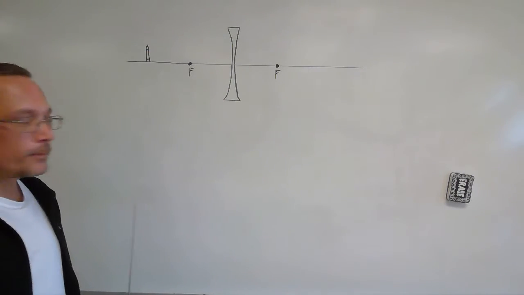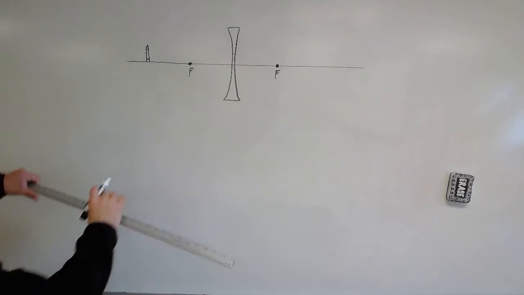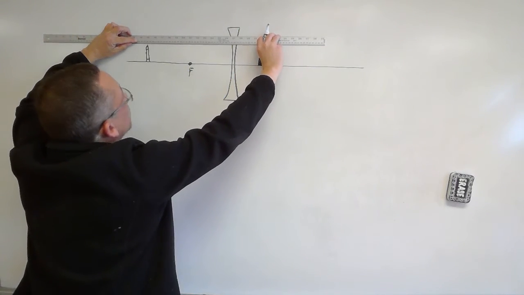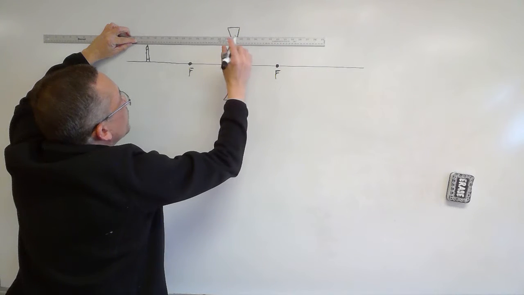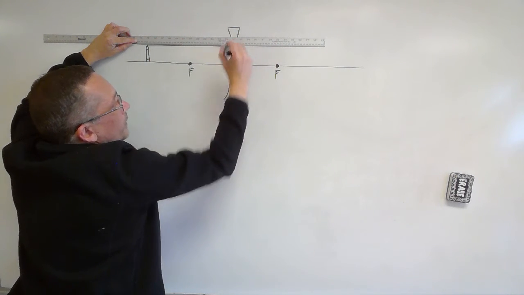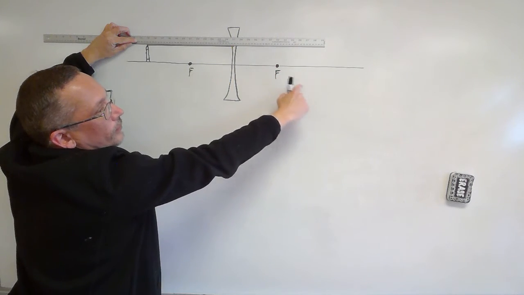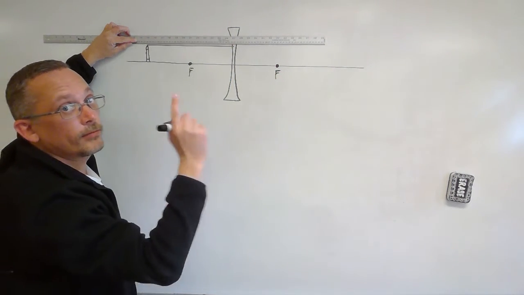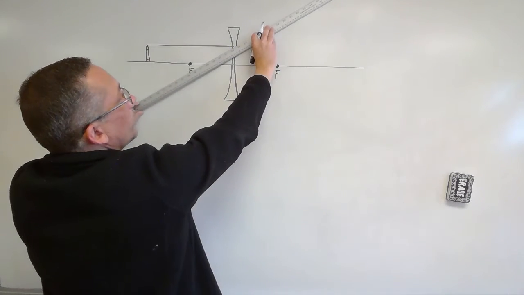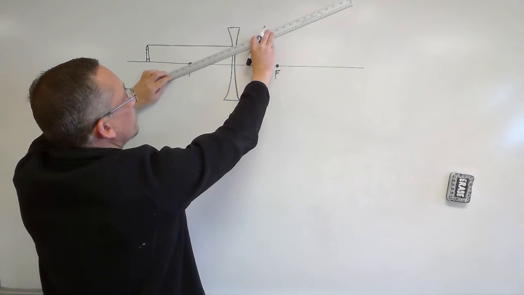Okay, there's my pencil there. So what we're going to do is we're going to draw our first line with the concave lens. What's different is I'm going to draw my first parallel line. And then instead of going through the far focus like I would with a convex lens, what I'm going to do is I'm going to back it through the near focus.